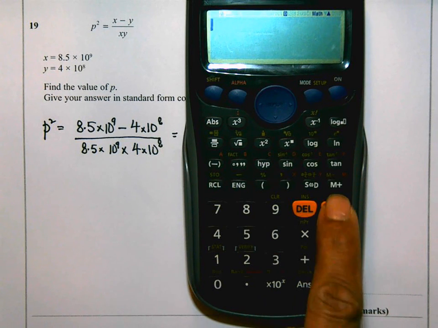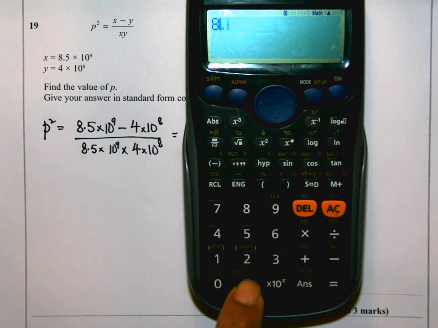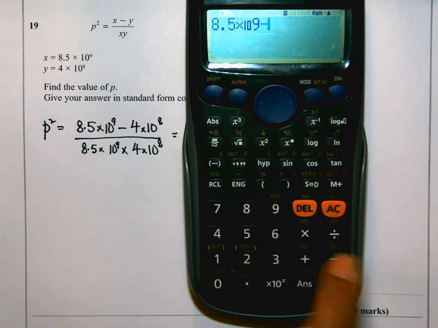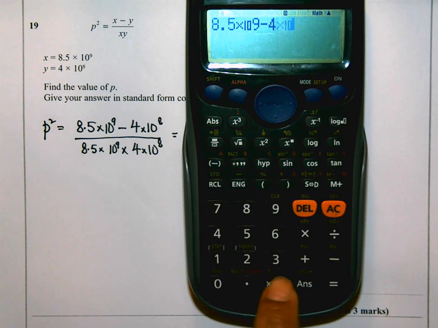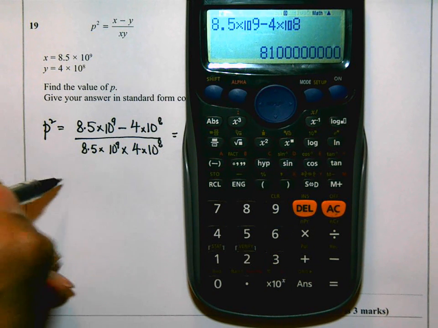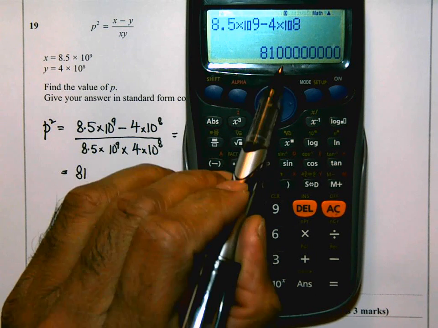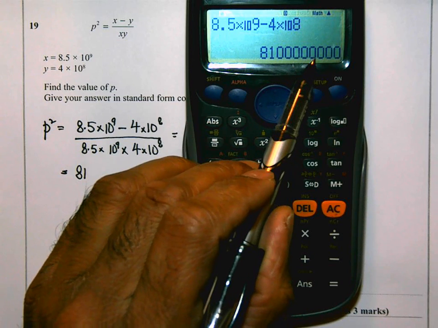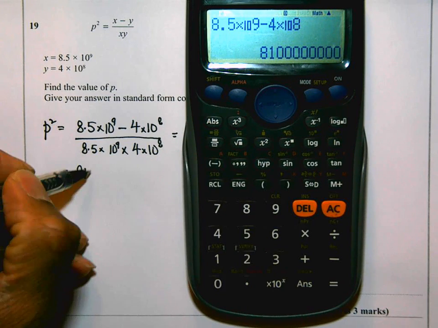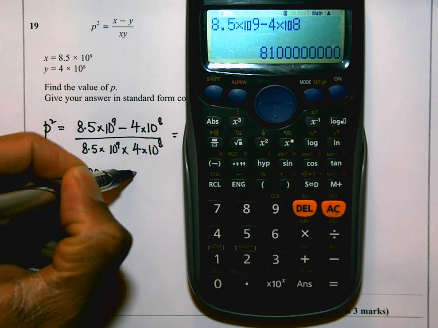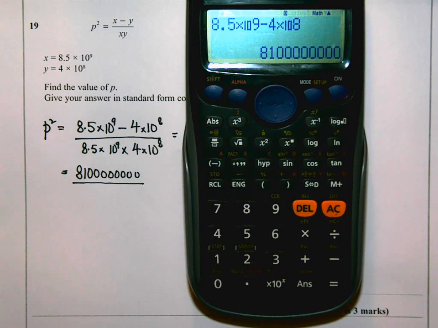So, clear the screen. 8.5 times 10 to the power of 9, take away 4 times 10 to the power of 8, equals, and I've got a massive number there, 81 and it has 8 zeros. Clear screen.